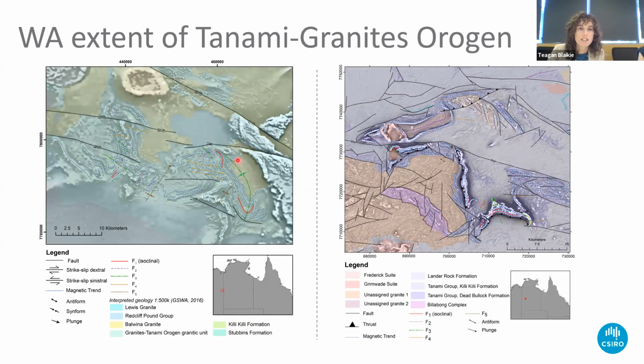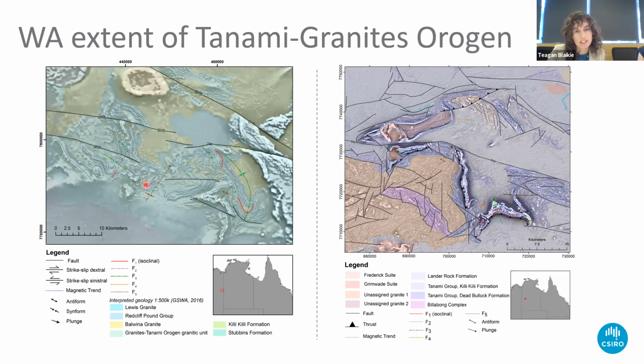But when you look at the fold interference patterns and cross-cutting relationships within the Stubbins Formation, again, what you see is the very early generation of isoclinal F1 folds that are overprinted by a number of different other fold generations, including these northeast striking F2 folds, north-south to northwest striking F3 folds, and then you have these later chevron east-west striking F4 folds that tend to only be locally developed.